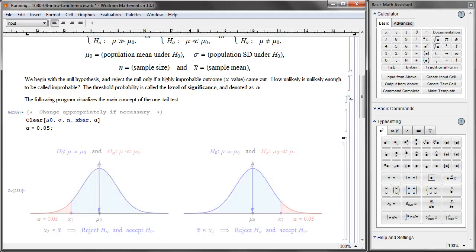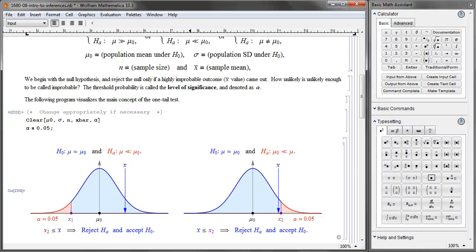So let's pause it and run it again. In this case, x bar is too far away compared with the threshold value here, or the critical value. It falls into the red region, and consequently we have to reject the null hypothesis and consequently accept the alternative hypothesis.